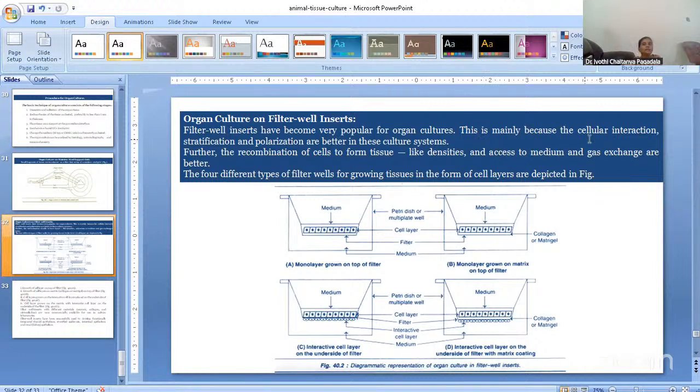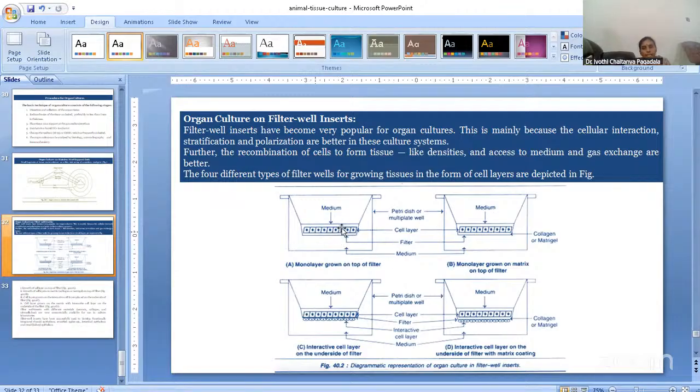This is mainly because cellular interaction, stratification, and polarization are better in this culture system, and the recombination of cells to form tissue-like densities, access to medium, and gas exchange look much better after using this filter well insert.